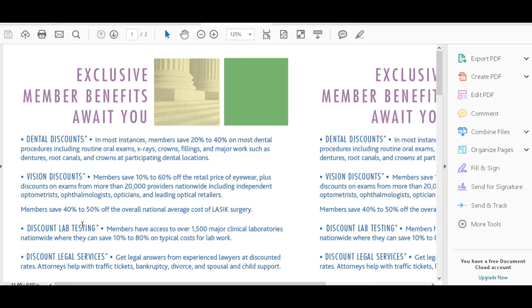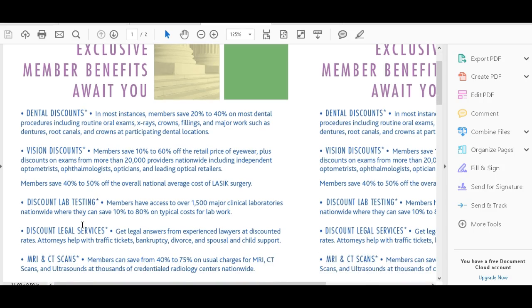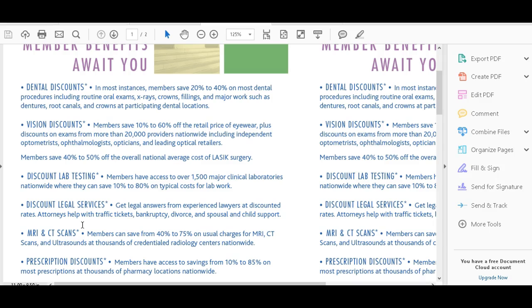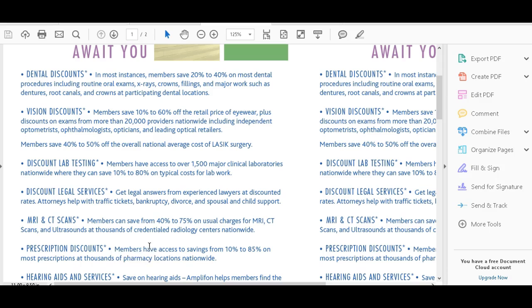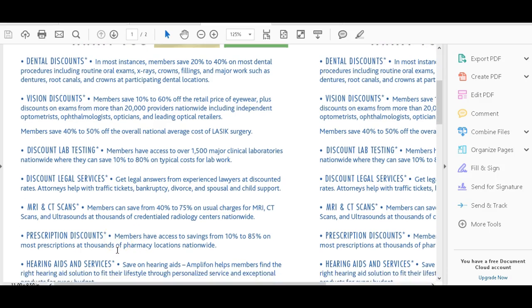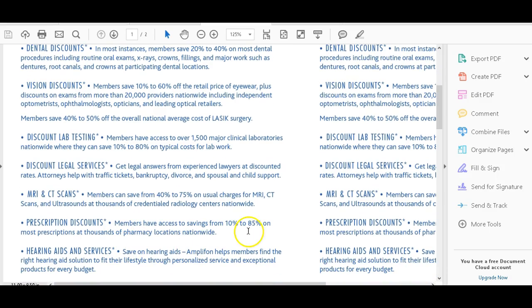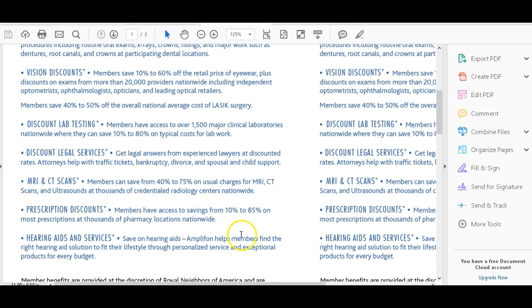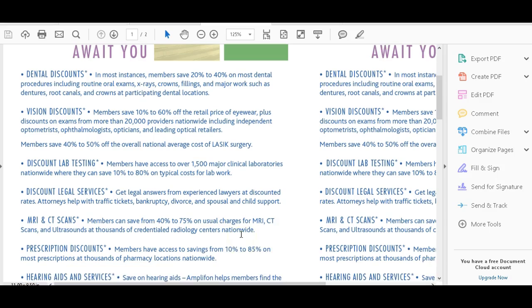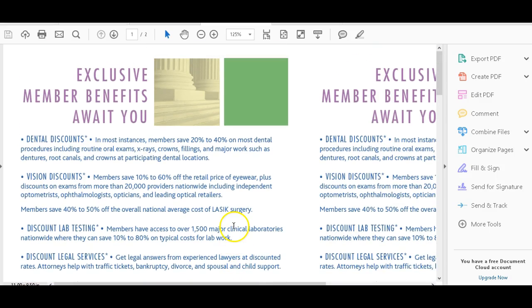They get discount lab testing. They get discount legal services. They get MRI and CAT scans, 40 to 75%. Prescription discounts on drug medication, 10% to 85%. Hearing aid services. So that's an added value that you can provide to your client at no additional cost.